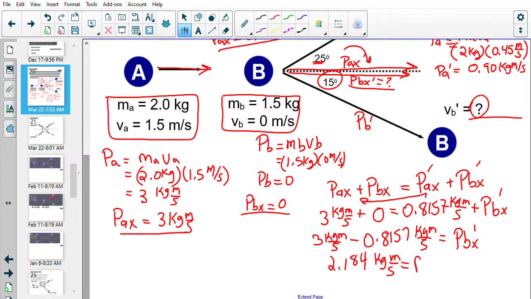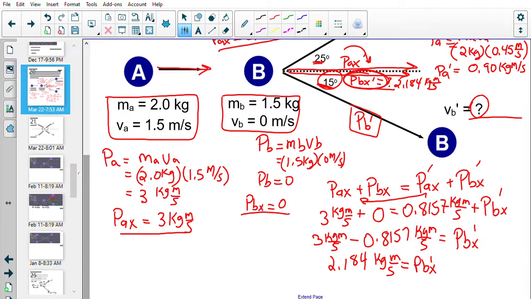So we now know the x component of the momentum. We know it's 2.184 kilogram meters per second. Since we know the angle, we can solve for the hypotenuse here.